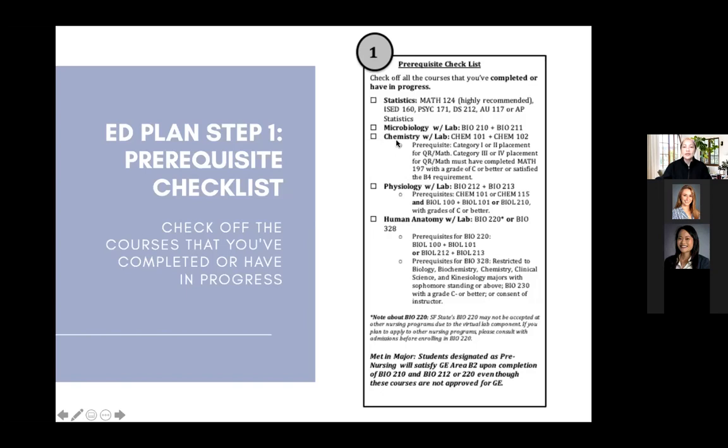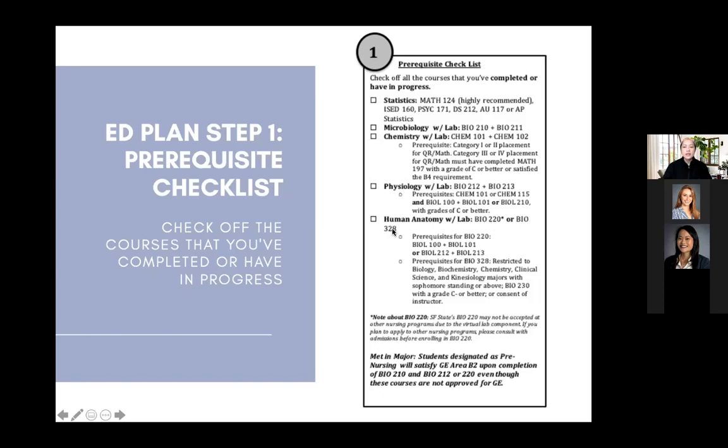The third course is chemistry with a lab. This is Chemistry 101 and 102. And then there's physiology with a lab, which is Biology 212 and 213. And then human anatomy with a lab, which is Biology 220, or Biology 328, which is the higher level anatomy class.